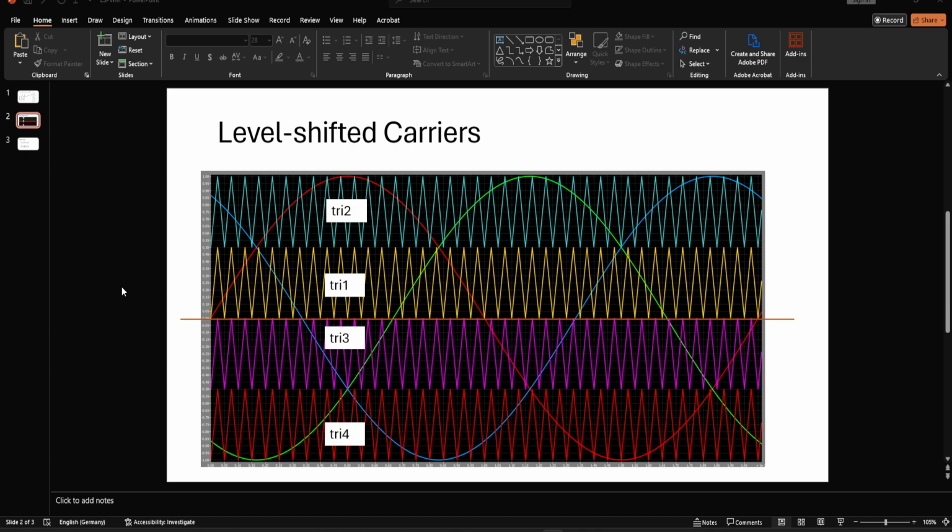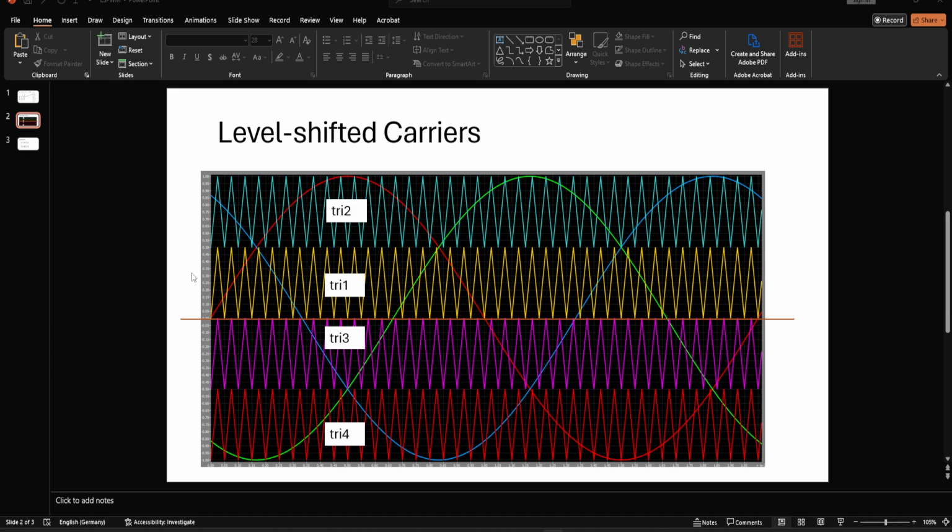So level shifted carriers means that in this pulse width modulation, if we want to generate our reference waveform, which are the sine waves in this case, we compare this reference wave against the level shifted carrier waves.